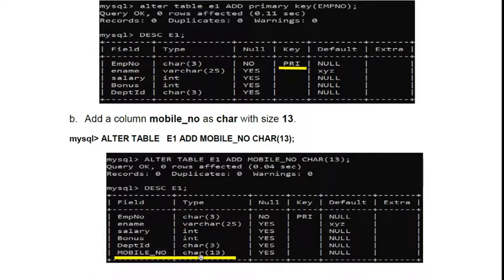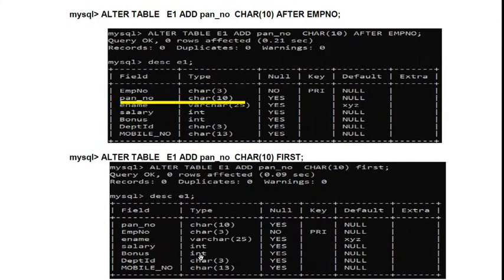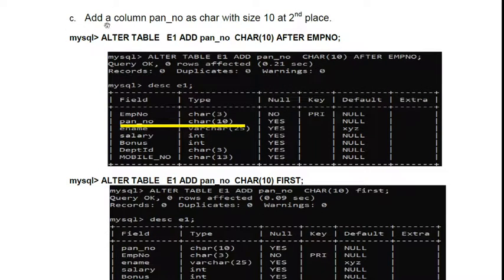Okay. Now next query: add a column PAN number as data type char with the size 10 at second place. Second place means after the first column. Now what is the first column? That is employee number. So with the help of after you can represent the second place.